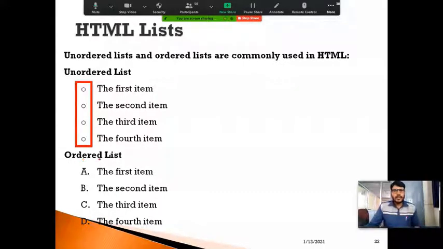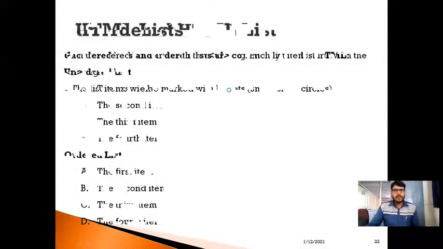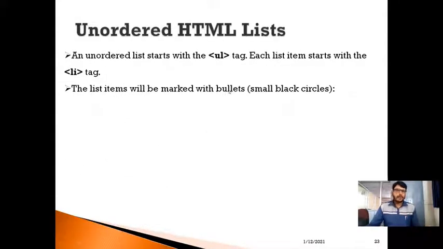Similarly, in an ordered list, we can have some order. Here I'm going to specify the order with the help of alphabetical, and similarly we can generate a list with numbering as well. So how to generate this kind of list in HTML? That we are going to discuss in today's session.